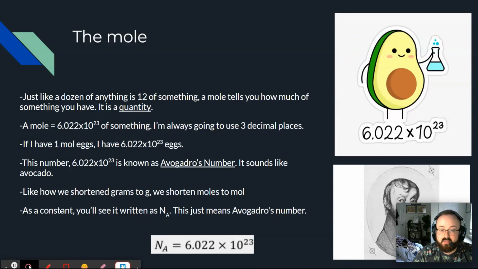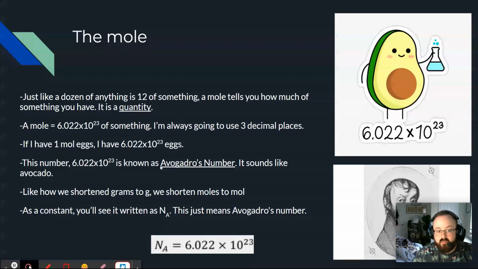If I have 12 eggs, I have 1 dozen. 2 dozen is 24 eggs. Now, I haven't focused on how many molecules and how many atoms and all that stuff. But what you should know is that if I have a mole of something, it's just a count. It's telling me how many atoms I have, or molecules, or eggs, or elephants, or anything. If I have 1 mole of eggs, I have 6.022 times 10 to the 23rd eggs.